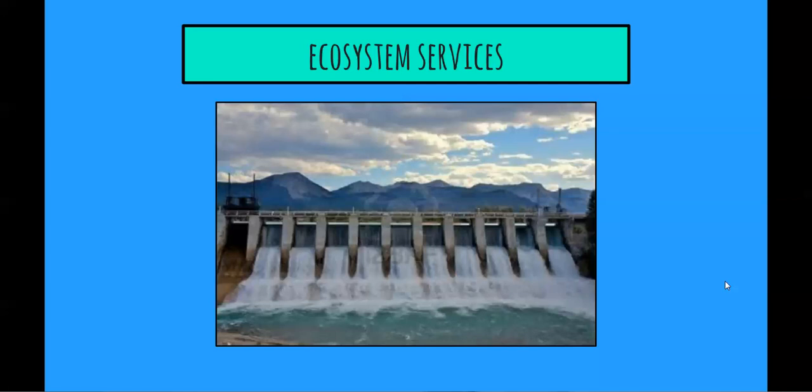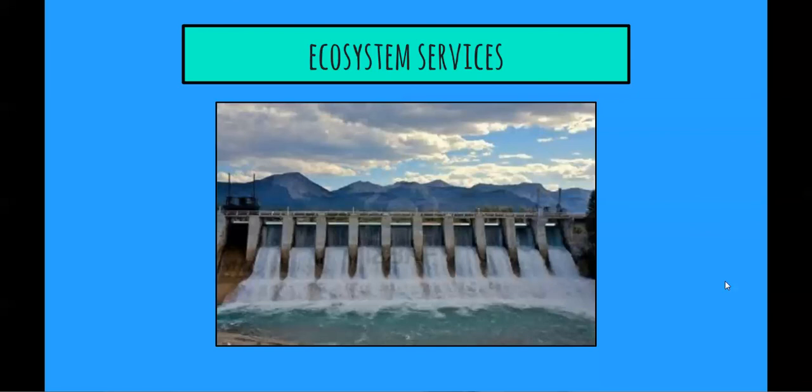Another ecosystem service is hydro dams. We build hydro dams, also creating a man-made lake on the other side of this river, or this flow of water, which creates a man-made lake or a reservoir.